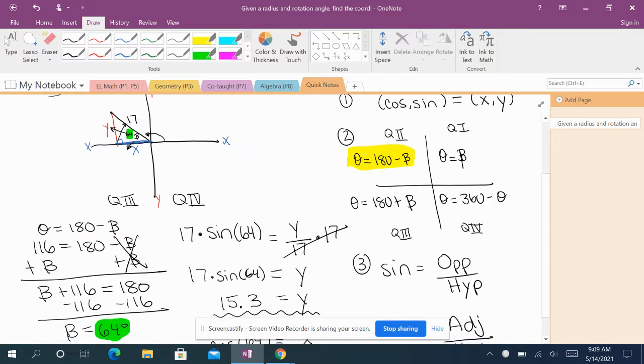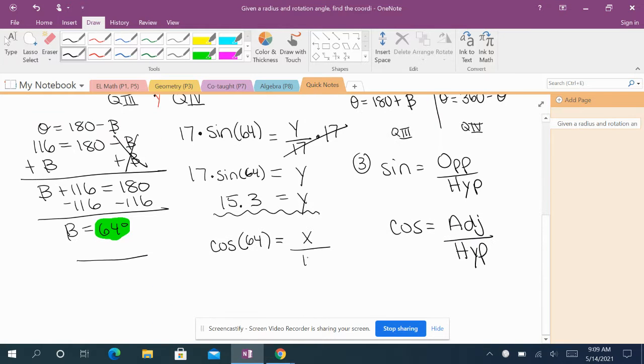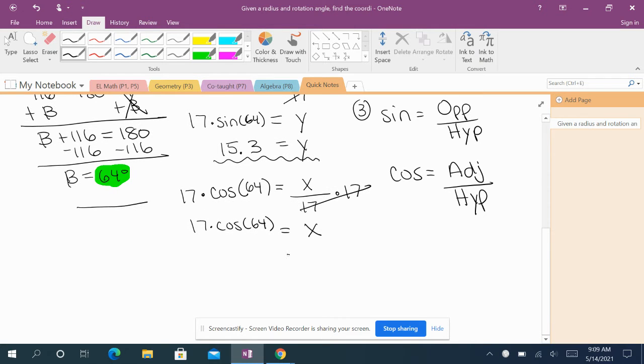The hypotenuse, again, is across from the 90-degree angle, and that's 17. Again, I cancel out the 17 so I can get rid of my fraction. Now I'm left with x on the right, and I have 17 times the cosine of 64. Again, make sure you're in degrees. This way you can get 7.5 as your answer for x.